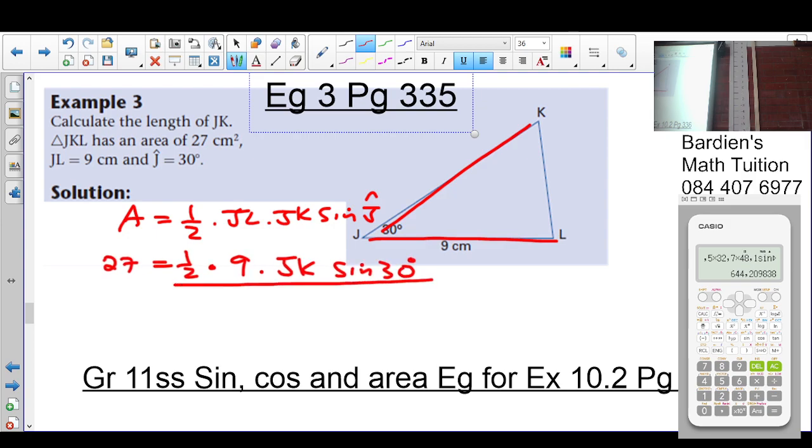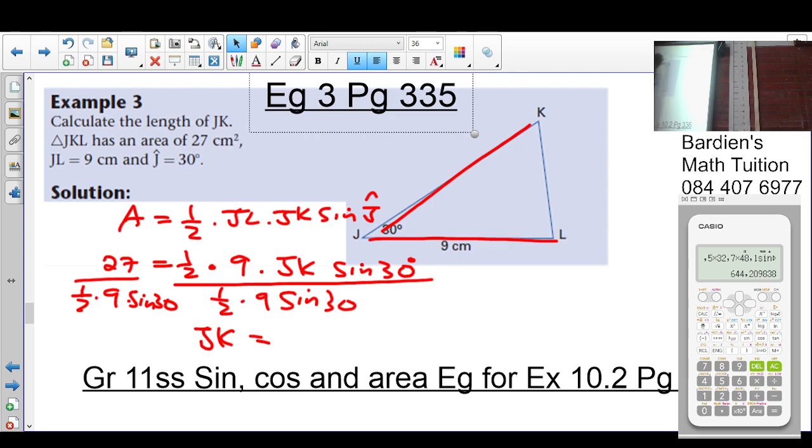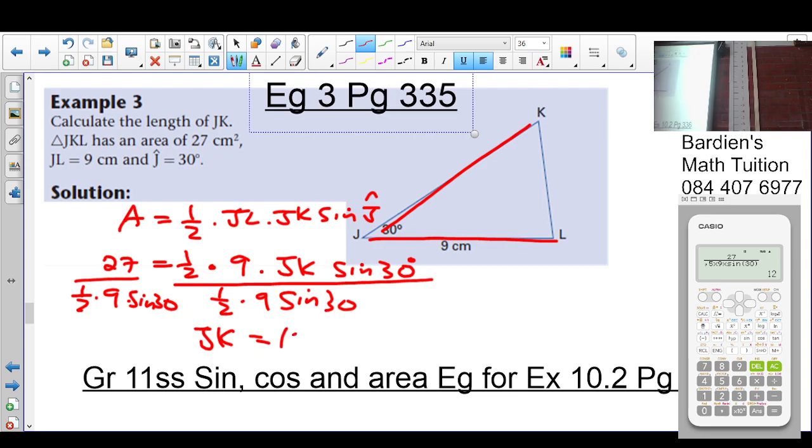To get JK on its own, I divide both sides by half times 9 times sine of 30. Sine of 30 is half, so half times 9 times half gives 2.25. Let's check that: 27 over 0.5 times 9 times sine of 30 is 12 centimeters. That's the answer.